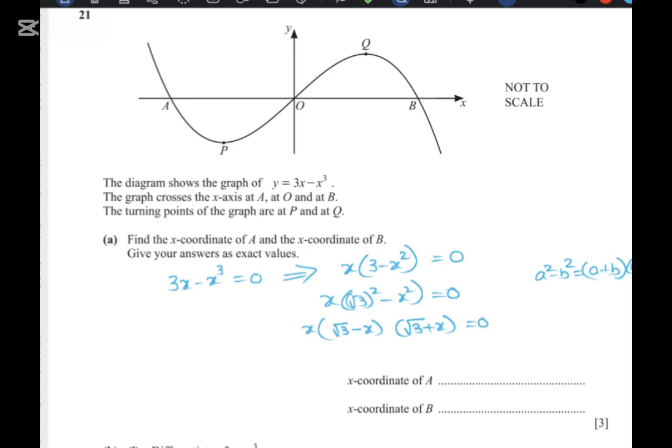Now x is not 0, so you cannot take x as 0. Then we have to take the other two as 0: root 3 minus x is equal to 0 and root 3 plus x is equal to 0. In this case x will be root 3 and x will be minus root 3. So the x coordinate of A is minus root 3, on the negative side of the x-axis, and the x coordinate of B is positive root 3. Question 21a is done.